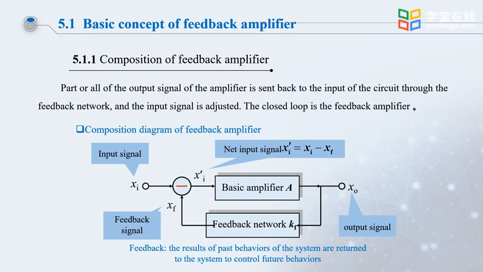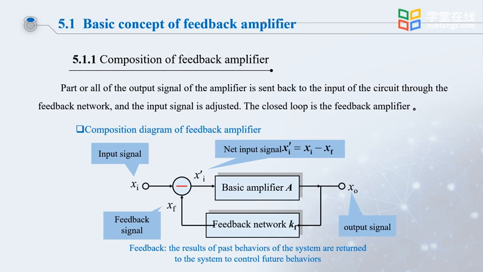The original input signal Xi interacts with XF to generate a net input signal Xi', which is used as the input to the basic amplifier. The basic amplifier and the feedback network together form a closed loop, which we call a feedback amplifier.